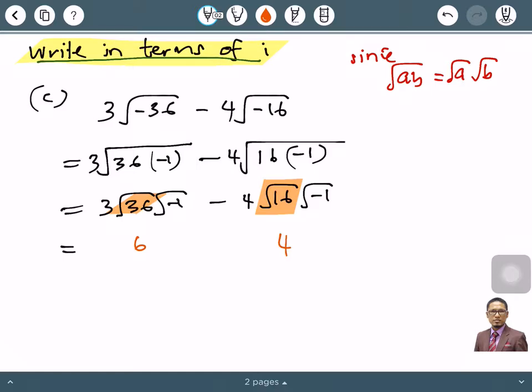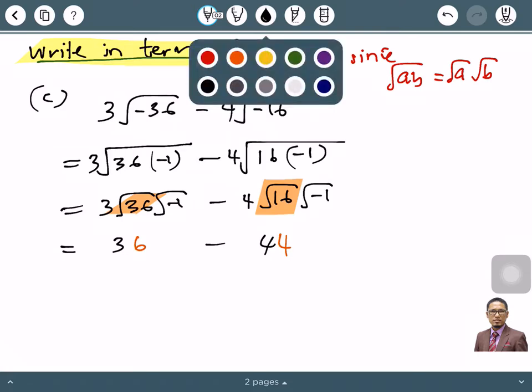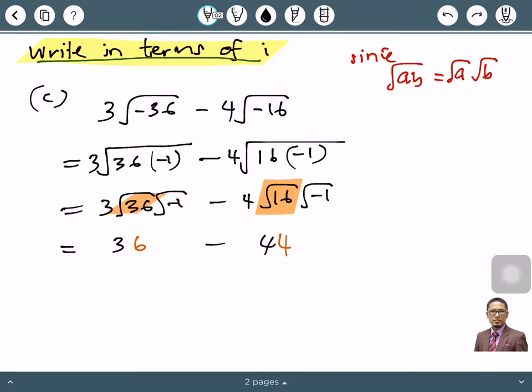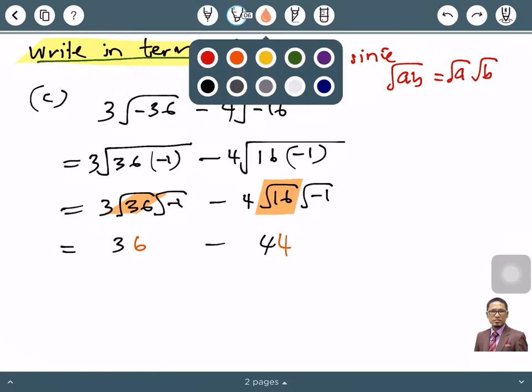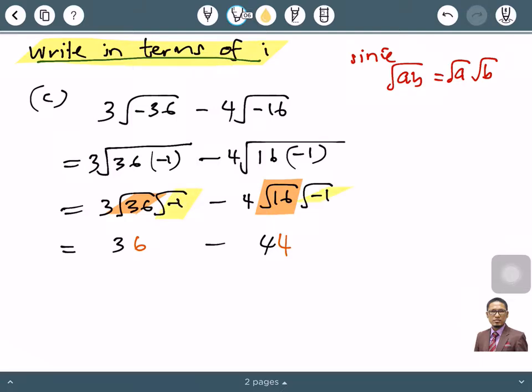Yang lain salin balik. 3 times 6, 4 times 4. Square root of negative 1 actually equal to I, imaginary number.